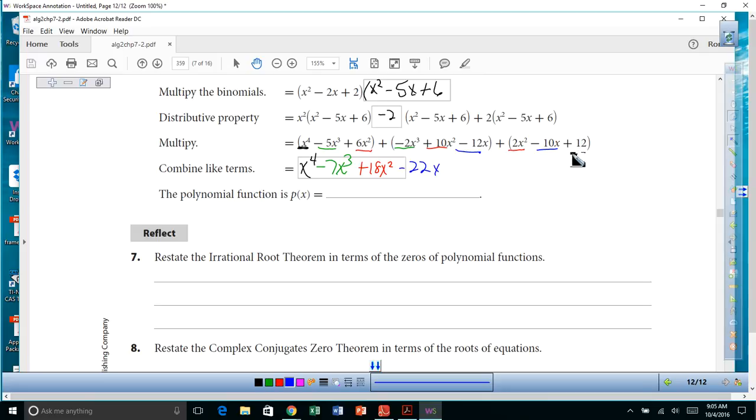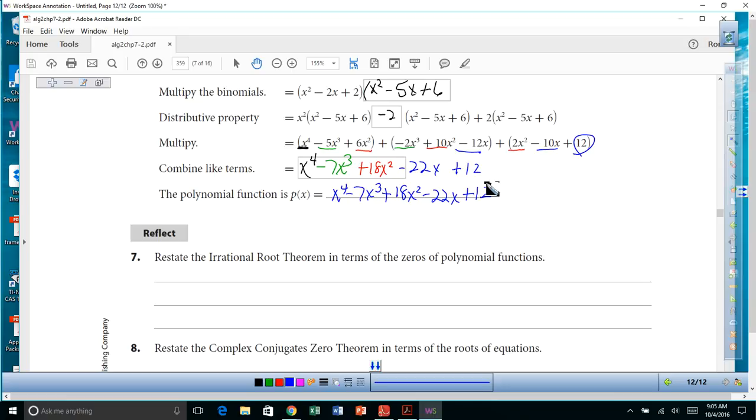And then all that's left is your 12. The polynomial function is p of x equals x to the fourth minus 7x cubed plus 18x squared minus 22x plus 12.